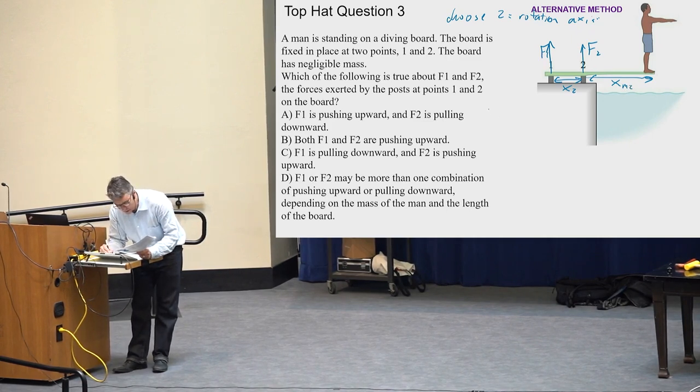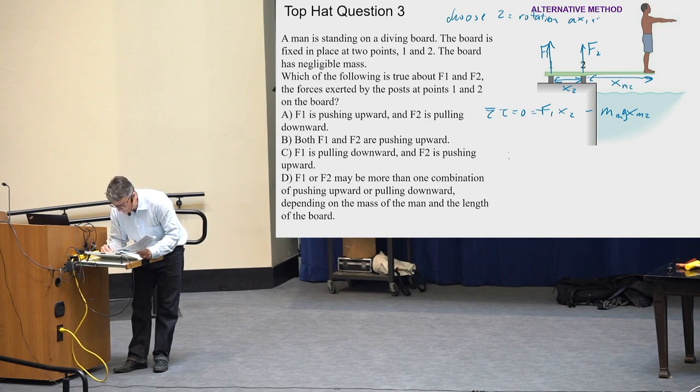But the point here is that the sum of all the torques, which equals 0, is going to be F1 times x2. That's counterclockwise now. Or sorry, it's clockwise, so it's negative. And then this is also clockwise, so minus m times g times x_m2.